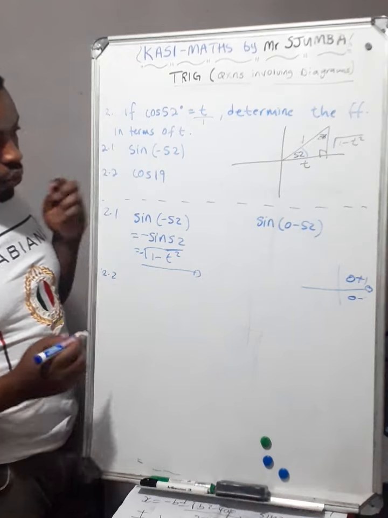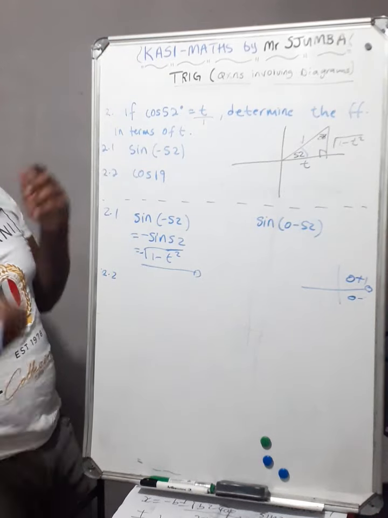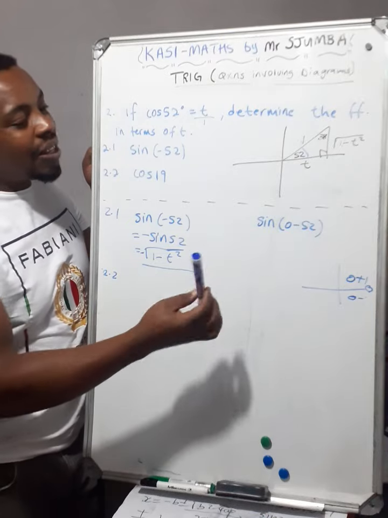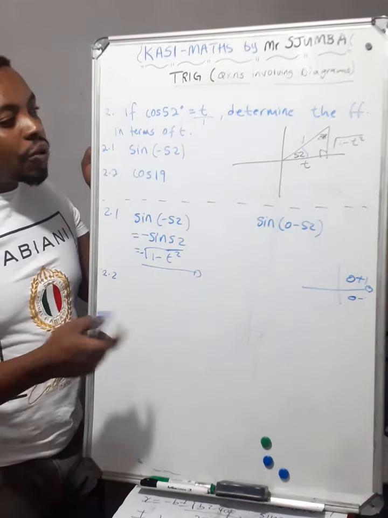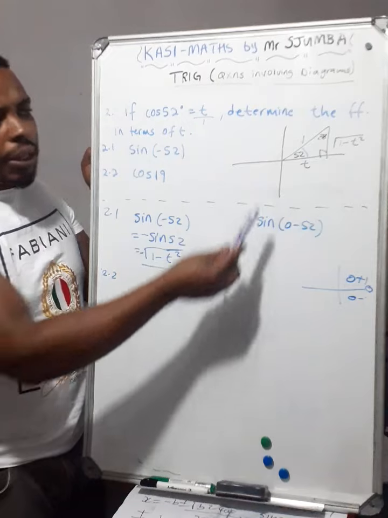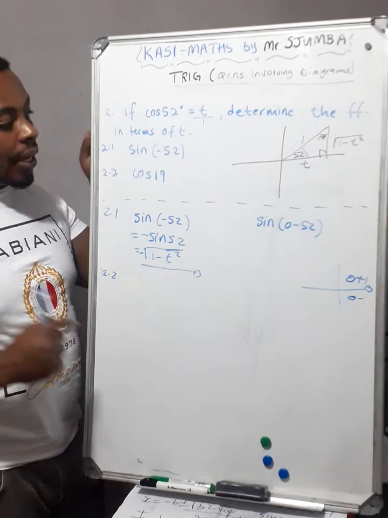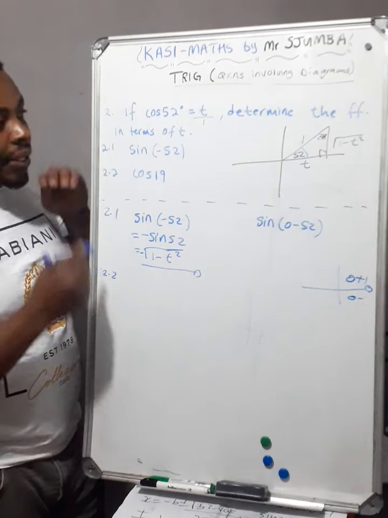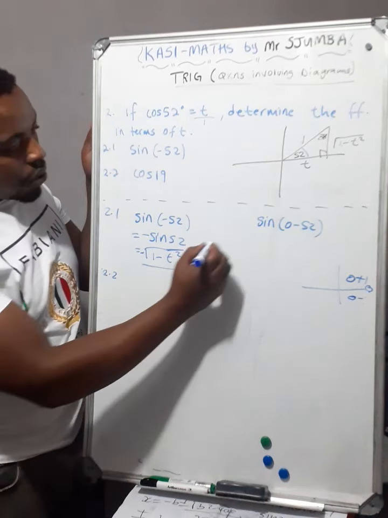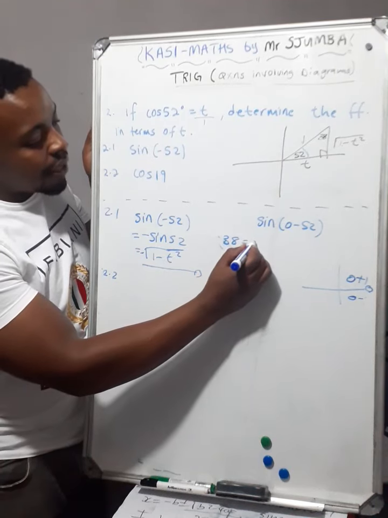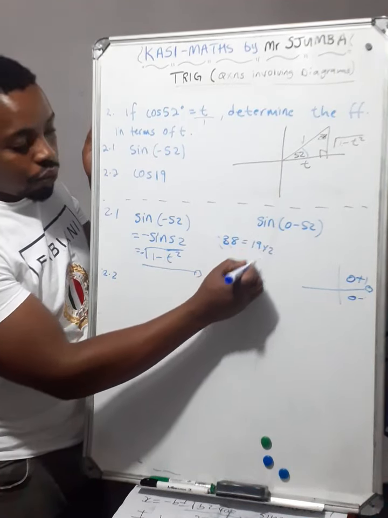Right, now 2.2. If it's cos 19, even if you can say 180 minus 52, 360 minus 38 about a special angle, zonke indlela, we cannot get to cos 19. But we know if we take 38, it's 19 times 2.